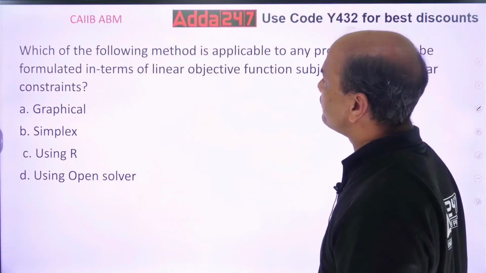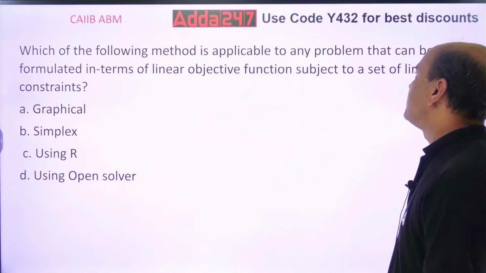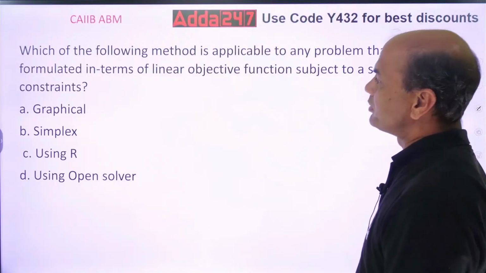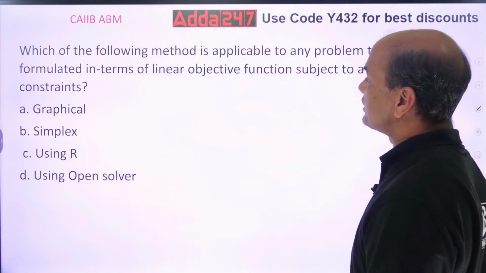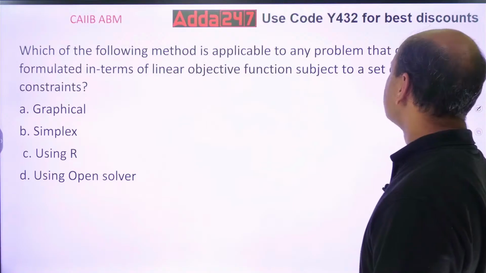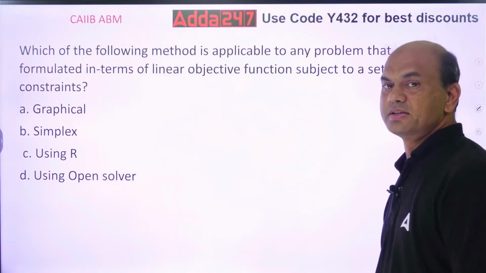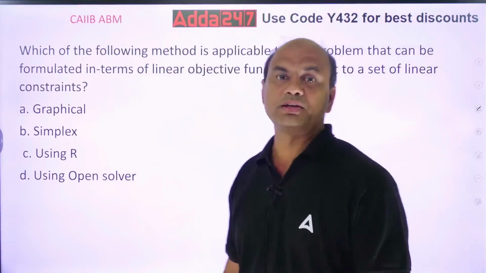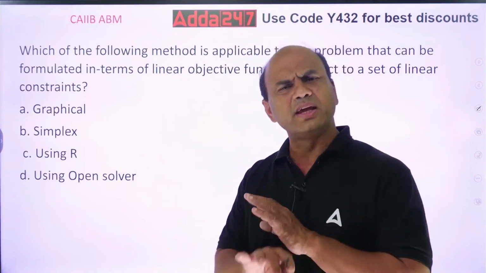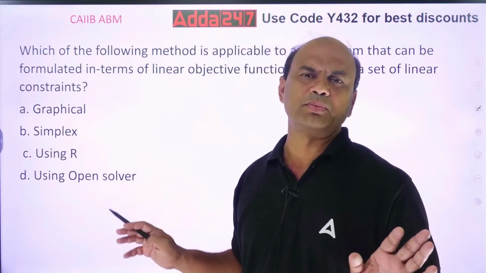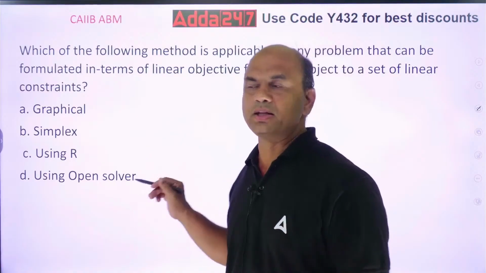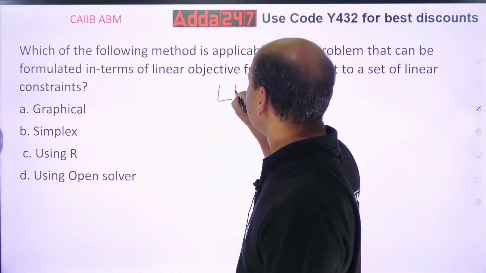Which of the following methods is applicable to any problem that can be formulated in terms of a linear objective function subject to a set of linear constraints? So which method is useful to solve any LPP problem? This is related to linear programming, LPP.